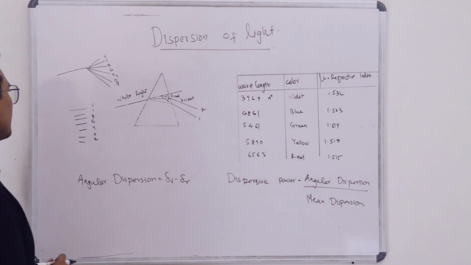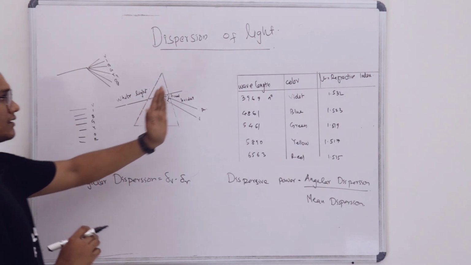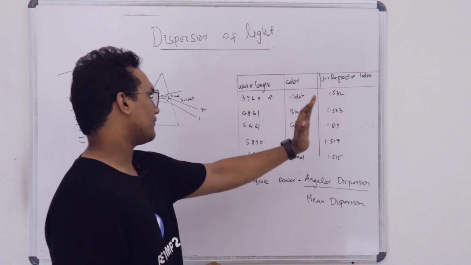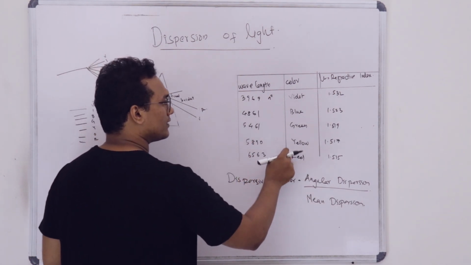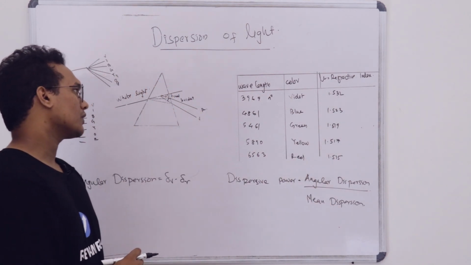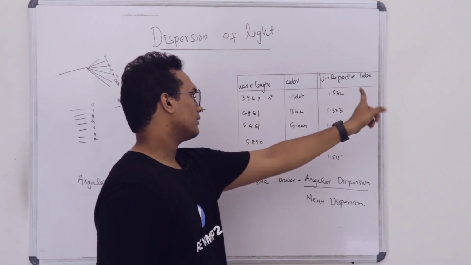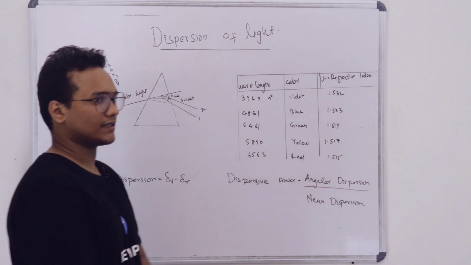I could say, just compare this table. From this table I could say that different colors have different refractive index. Violet has more refractive index and red has lesser refractive index.